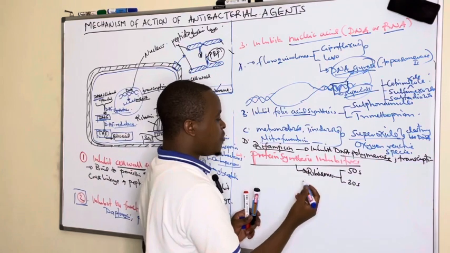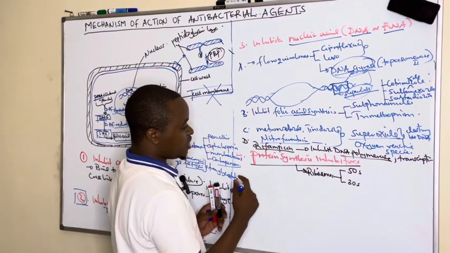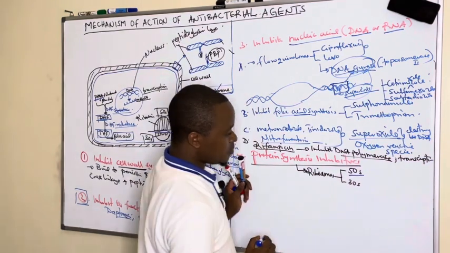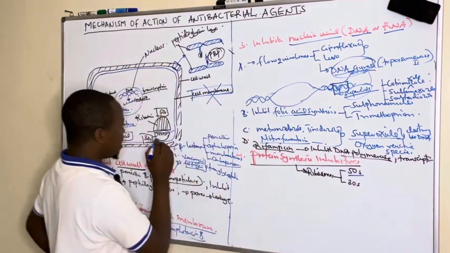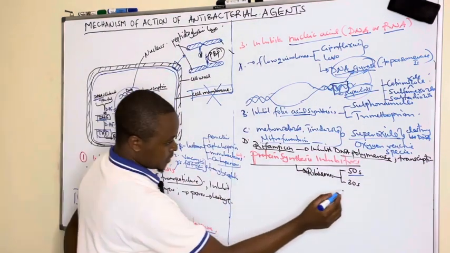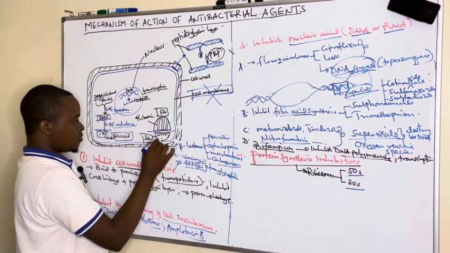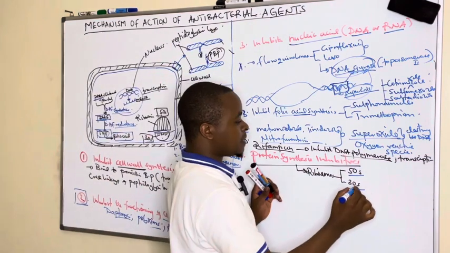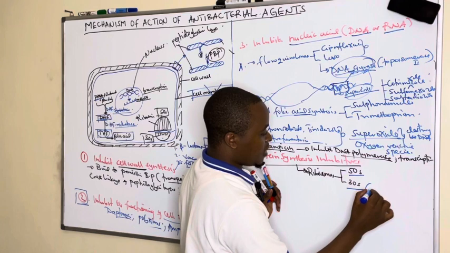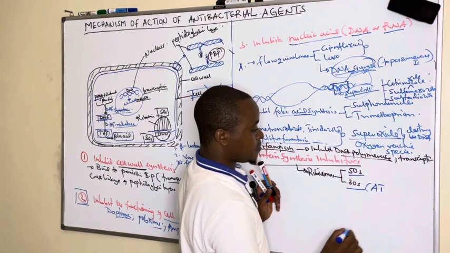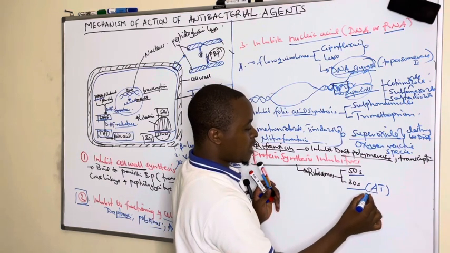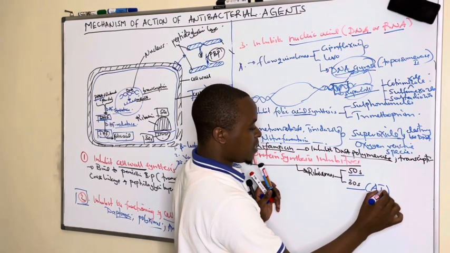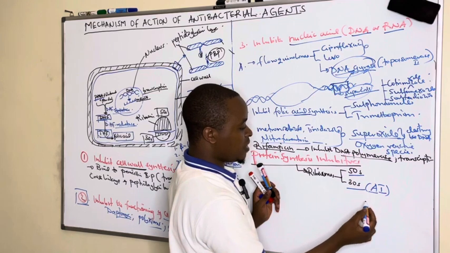So whenever we take some antibiotic agents or antimicrobial agents, some target the 50S ribosomal subunit, which I have said is the large one, and others target the 30S, which is the smaller ribosomal subunit. And those that target 30S, we normally have an abbreviation known as AT, whereby A means aminoglycosides and T tetracyclines, and sometimes we can add another one, but it's not so important. We can live with these ones.